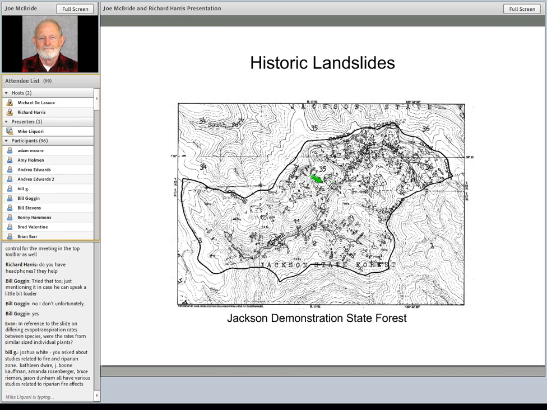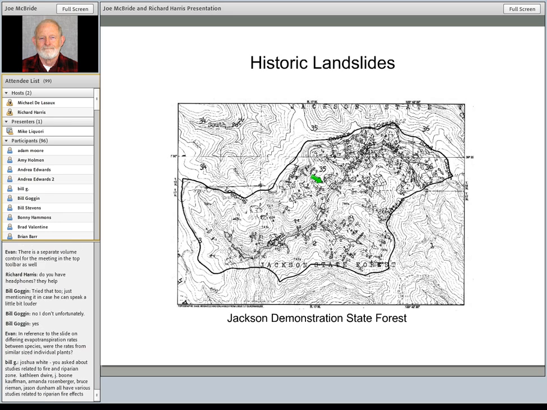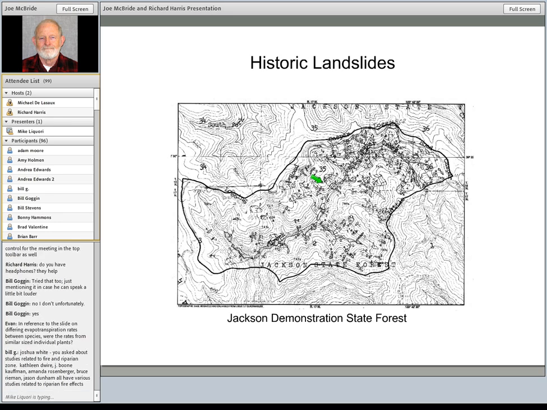And this is a result of the topography, the geology of that place, creating a very unstable situation that we can expect to see future landsliding taking place in.